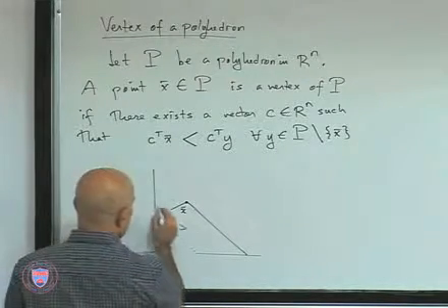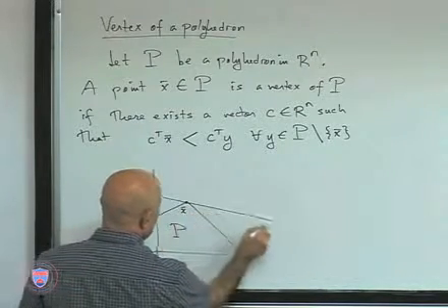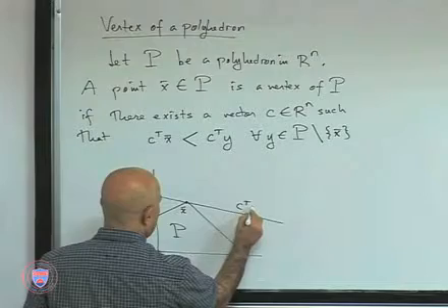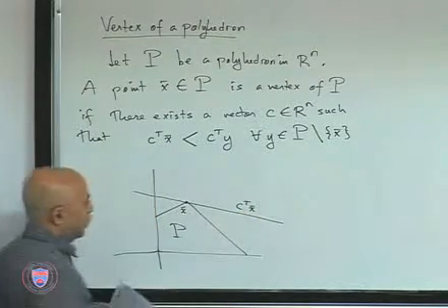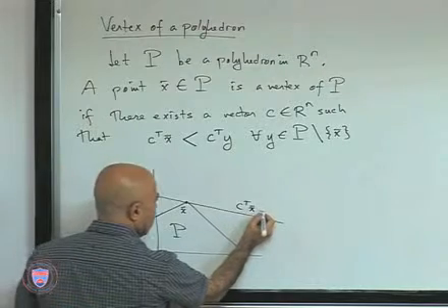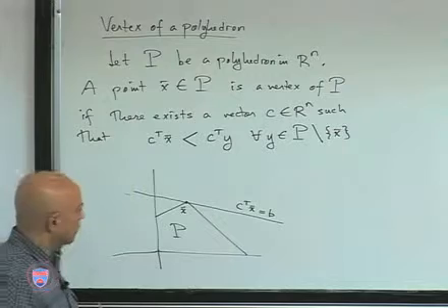Why? Because there's a C vector such that when you take the dot product of C with x bar, you obtain a certain number, say B, whatever it is. Okay?